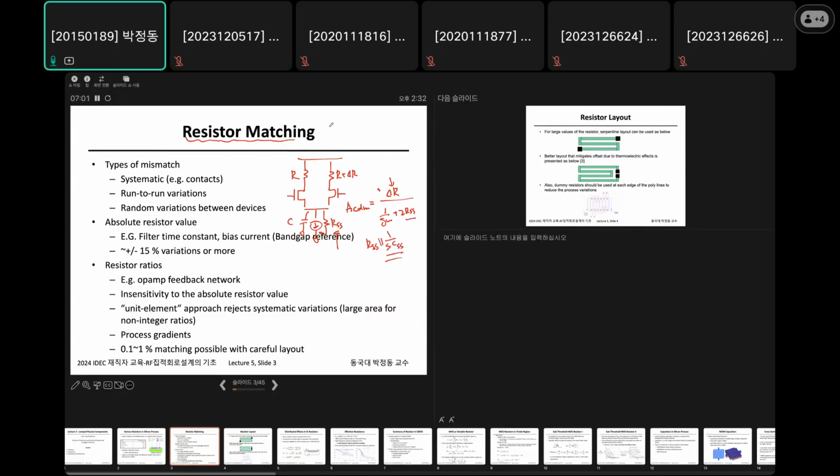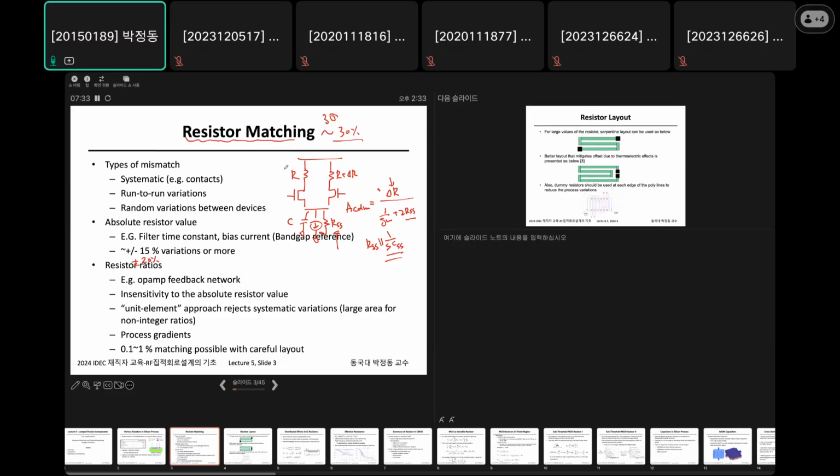Unfortunately, the resistor variation is almost 30%. Okay, 3 sigma variation is almost 30%. Sometimes it's even higher than that. Okay, this is actually very, very bad for designers to achieve a reliable differential pair.